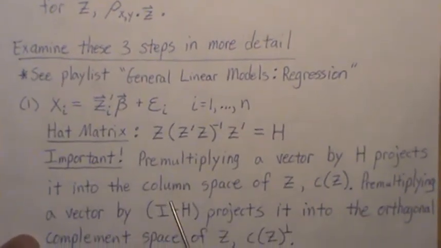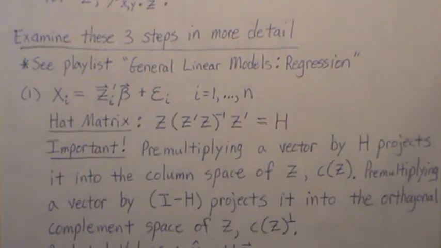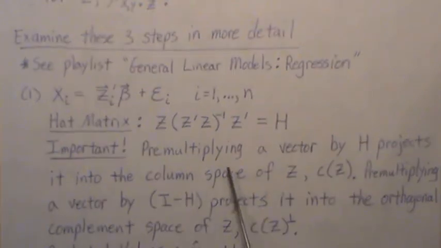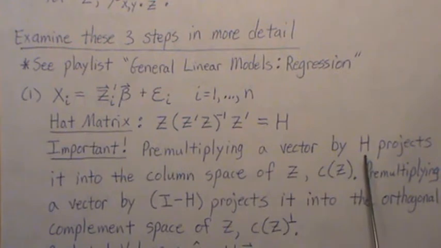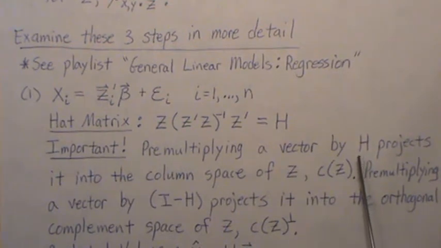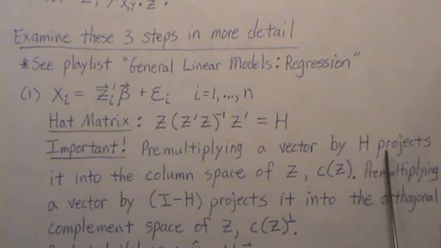Now, this is the big important concept. If we pre-multiply a vector by H, so we have a vector in space and we pre-multiply it by H, then this projects that vector into the column space of Z, which we'll denote by C of Z. So there's a vector out there dangling.